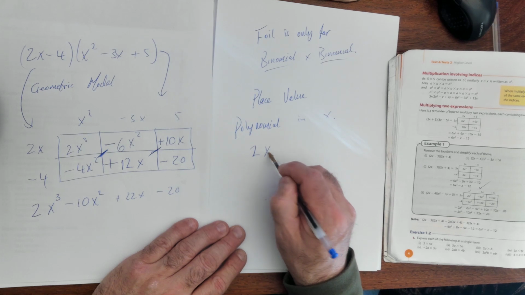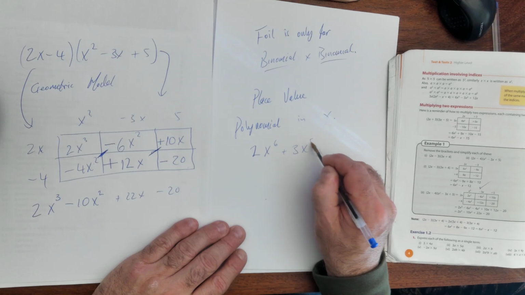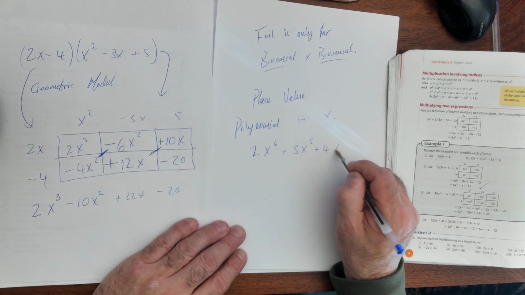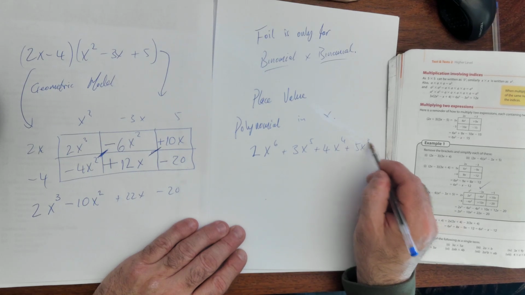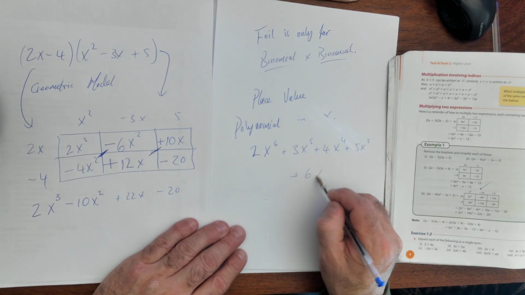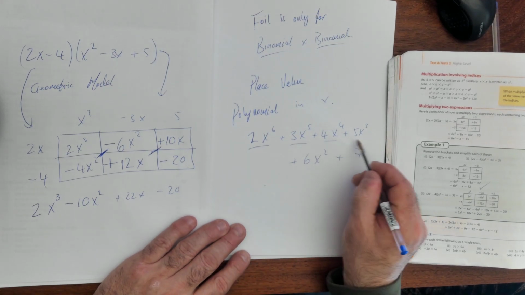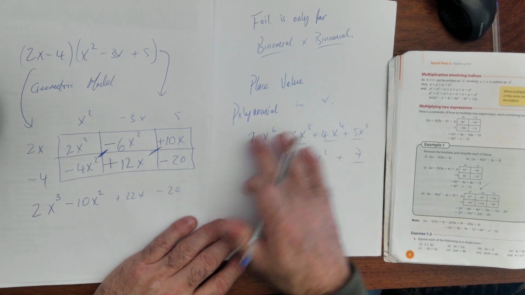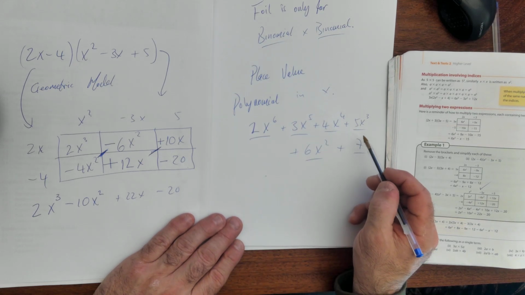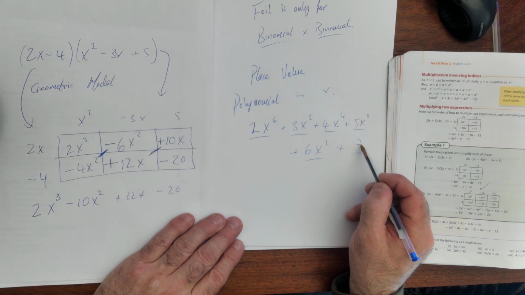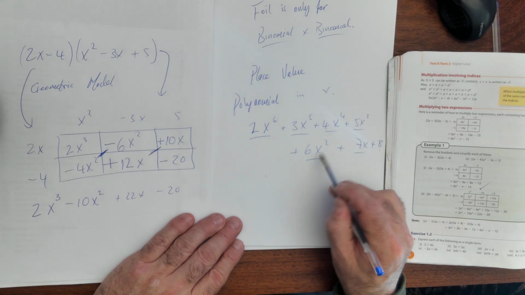Let's go 2x to the 6 plus 3x to the 5 plus 4x to the 4, 5x to the 3, etc., plus 6x to the 2 plus 7. Each one of these is a monomial term, but together they form a polynomial. And the powers of x go from 0 to 1 to 2 to 3.